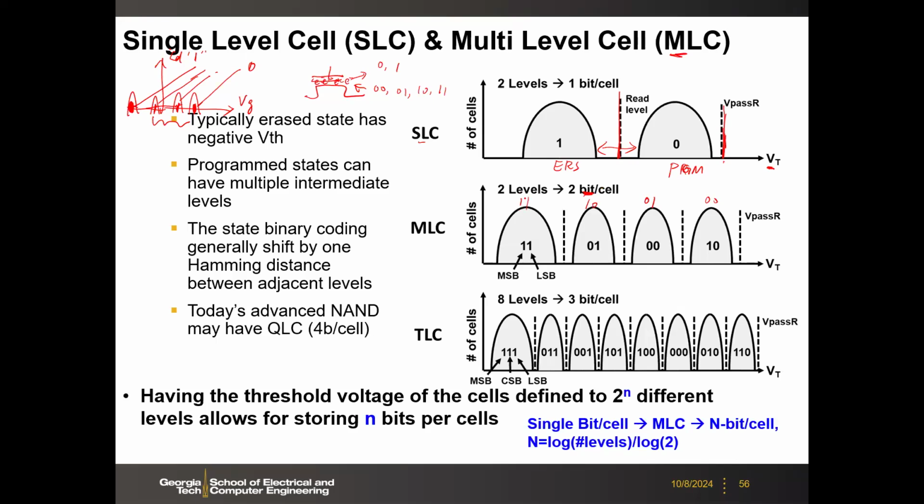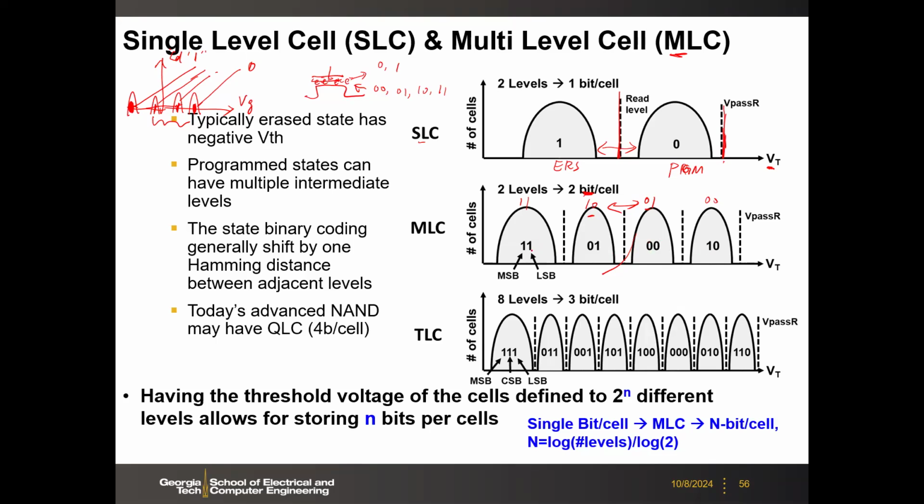If you do this naive encoding, then this is not the best way. Because if you have any error between those two states, you're going to generate a 2-bit error. If somehow there's a shift, then this 01 becomes 10, so when you read out the data, you get a 2-bit error. This is not so good. So that's why you want to switch the order of the encoding.